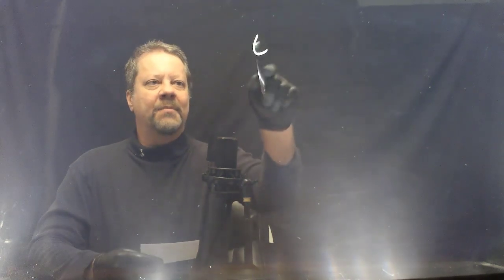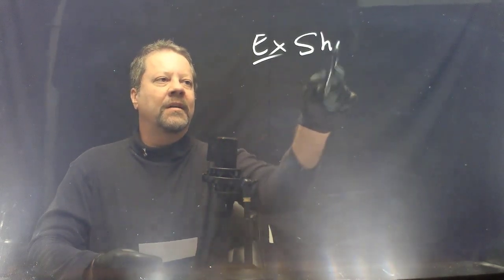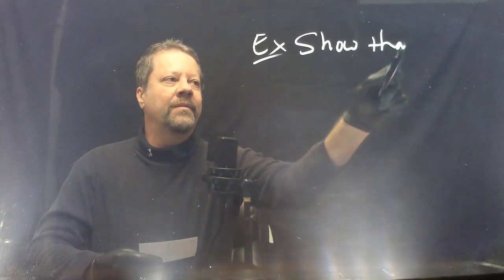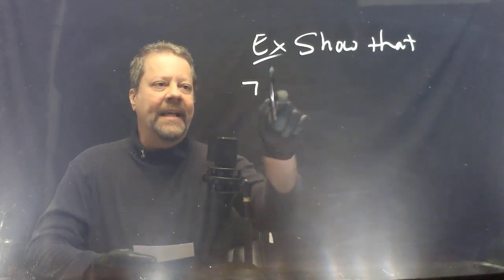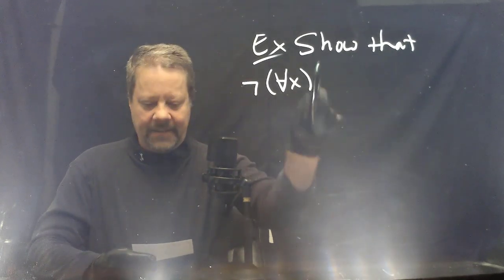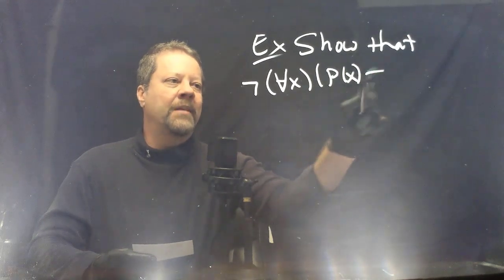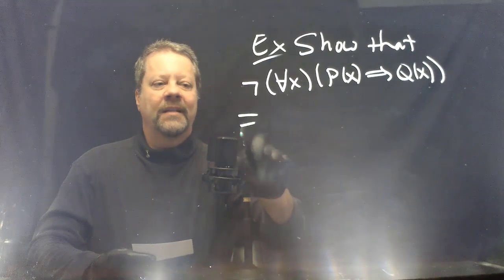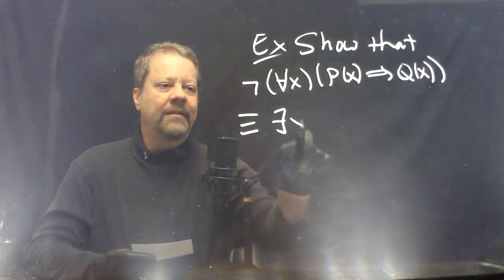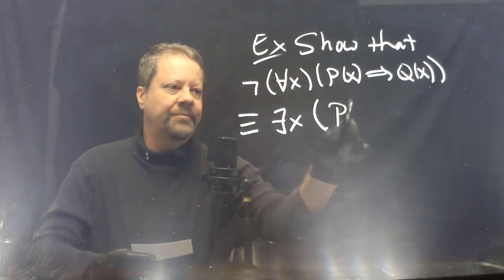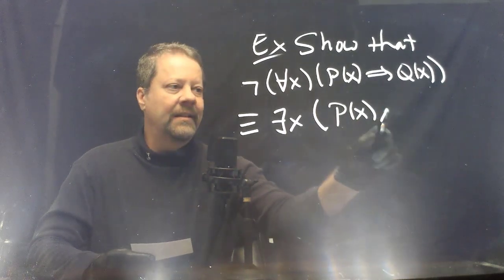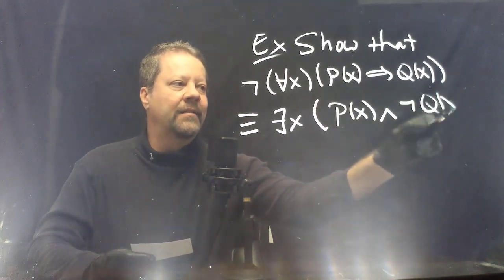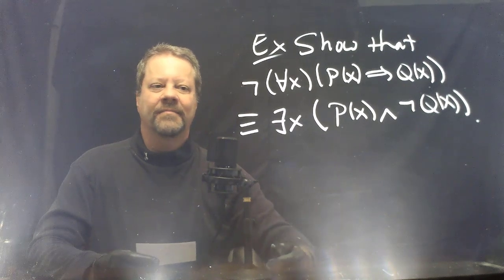On this next example, I want to show that the negation of for all x, P of x implies Q of x, is equivalent to there exists x such that P of x and not Q of x.